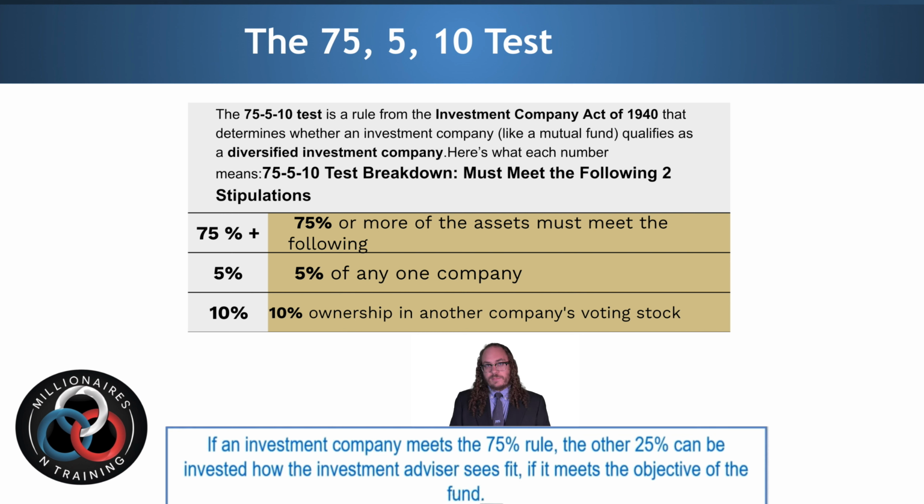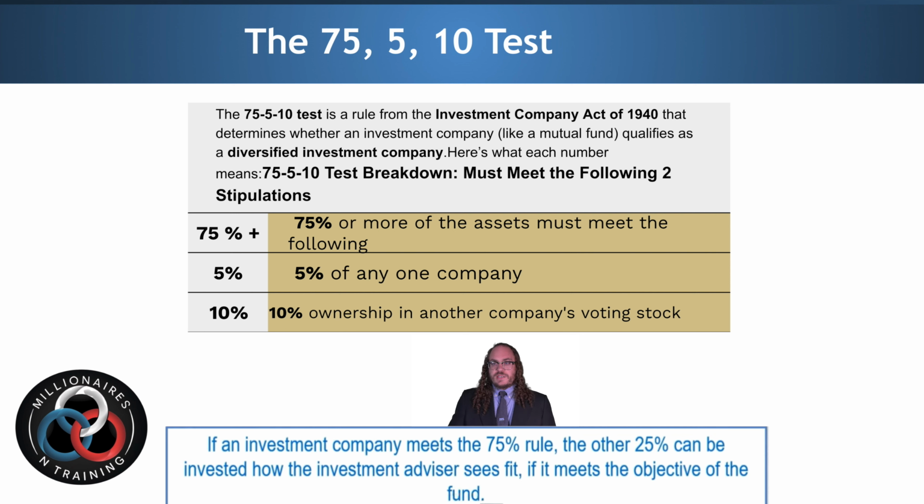If an investment company meets this 75% rule, then the other 25% can be invested however the investment advisor sees fit, if it meets the objectives of the fund, in order to maintain this diversified status.